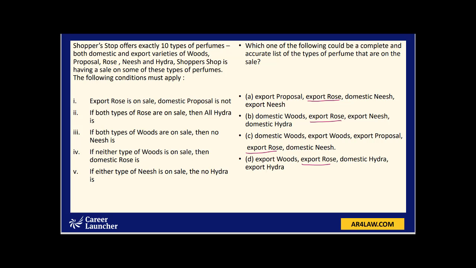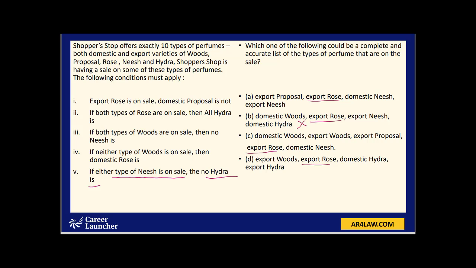Now when we look at option B, look at condition number 5. If either type of niche is on sale, then no Hydra is. That means niche and Hydra cannot exist together, which I am seeing in option B, that niche and Hydra are both present there.